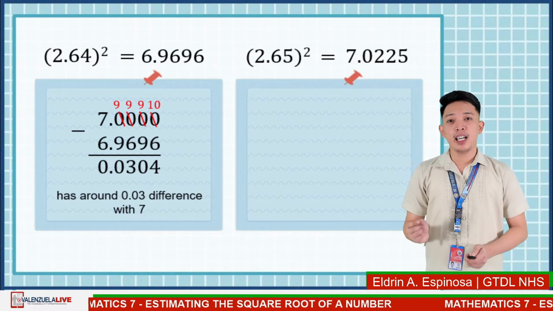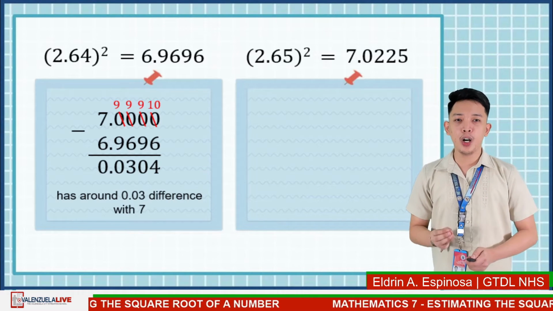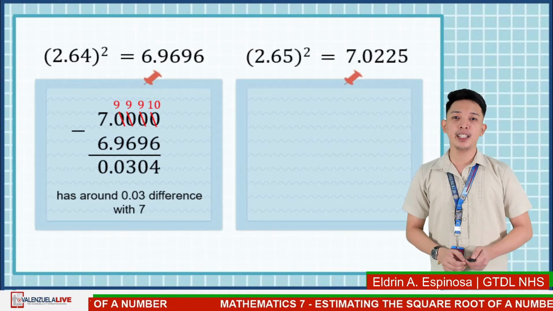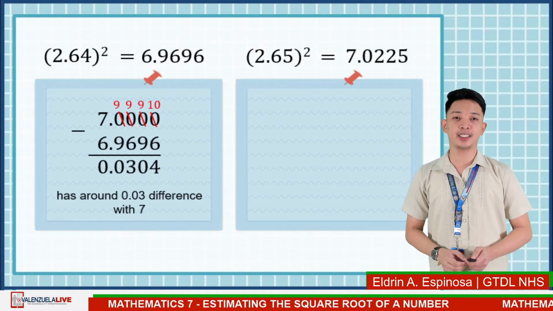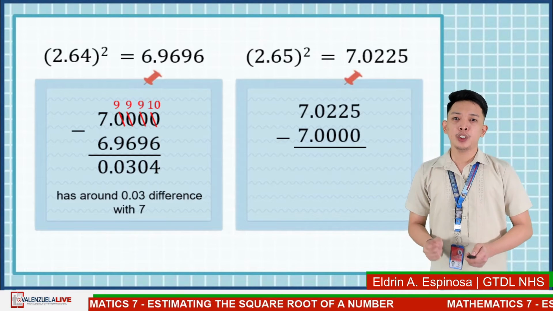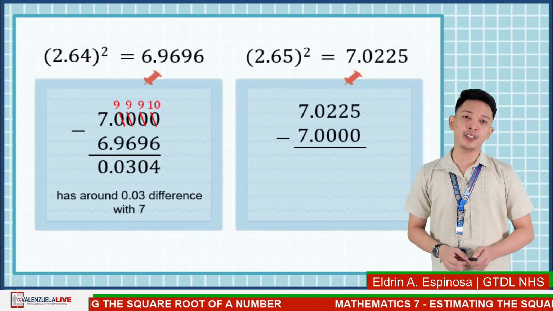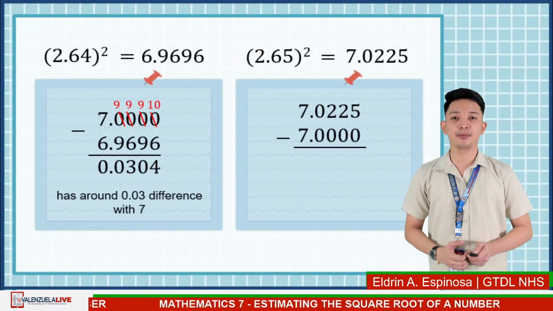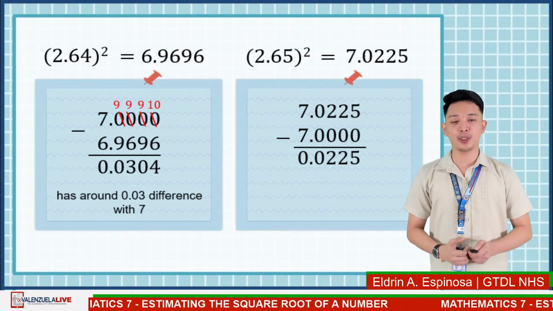Now, let's take a look at the value of the square of 2 and 65 hundredths, which is 7 and 225 10,000ths. So if we subtract 7 and 225 10,000ths by 7, we will obtain 225 10,000ths.